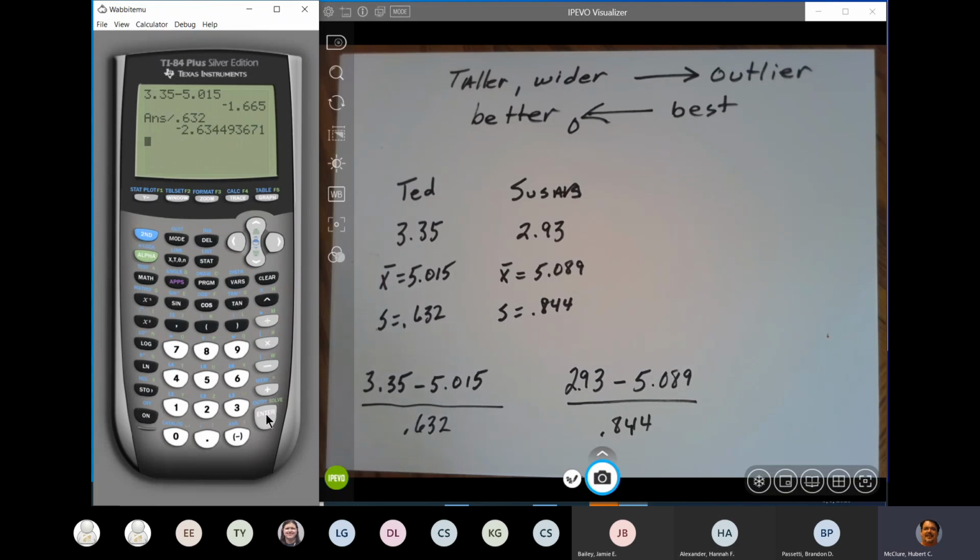I get negative 2.63. And the other one, 2.93 minus 5.089 divided by 0.844 is negative 0.256.